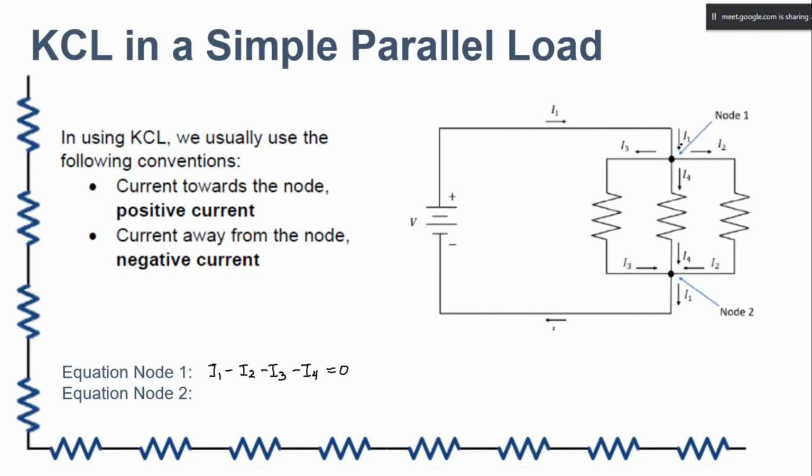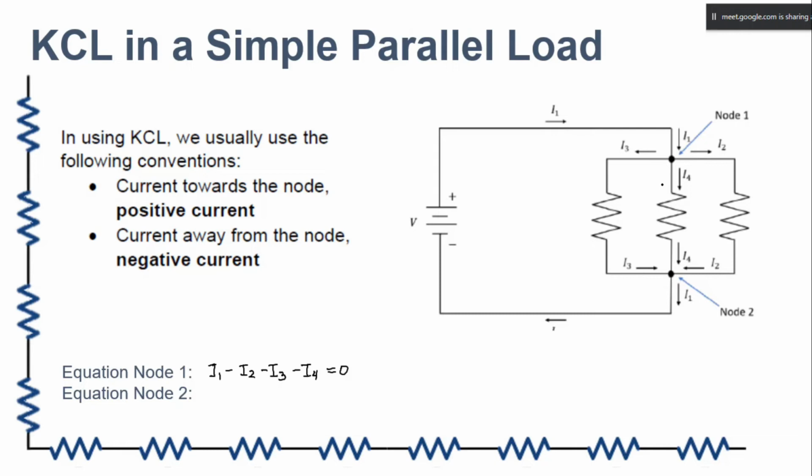Ang I sub 1 daw yung pumapasok, so that's positive. Tama. Ang I sub 2 lumabas, that's negative. Tama. I sub 3 lumabas, that's negative. Tama. I sub 4 lumabas, that's negative. Tama. Very good. So, ibig sabihin, equation natin sa node 1, I sub 1 minus I sub 2 minus I sub 3 minus I sub 4 equals 0.